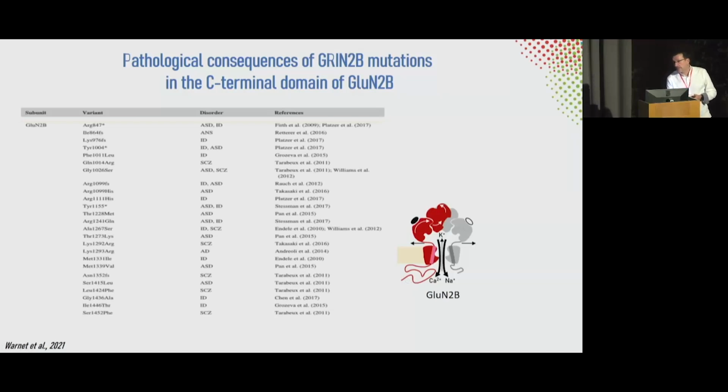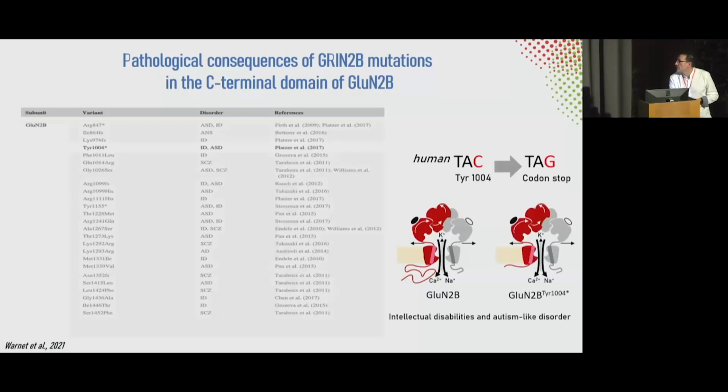And today, because I have to focus, I will focus on one mutation, which is the mutation that transforms the tyrosine 1004 into a stop codon, which blocks completely the synthesis of the C-terminal domain of GluN2B. So you have a really short GluN2B.